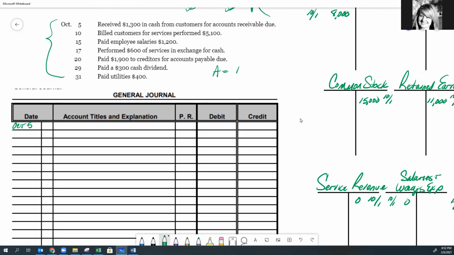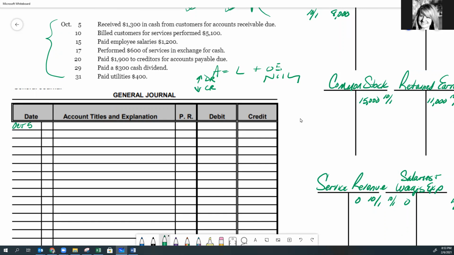So let's see, we have assets equals liabilities plus owner's equity. And in our prior video, we talked about whether debits or credits make these things increase or decrease. We said that assets increase with a debit and decrease with a credit.